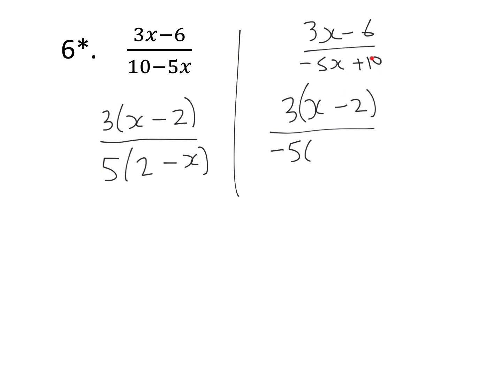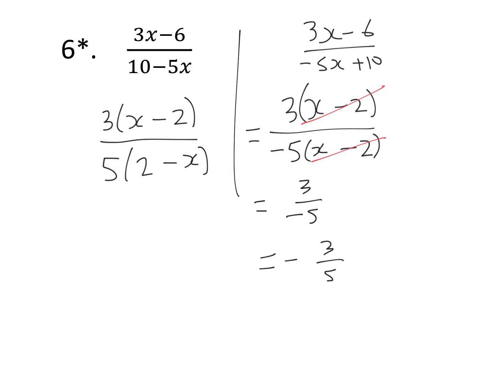The denominator, I'm going to factorize out the minus 5. So minus 5 times x is minus 5x, and minus 5 times minus 2 would give positive 10. Minus 5 times minus 2 gives a positive 10. And if we factorize out the minus 5, you can actually see there's a common factor of x minus 2. And that gives us 3 over minus 5, or we should just say minus 3/5.